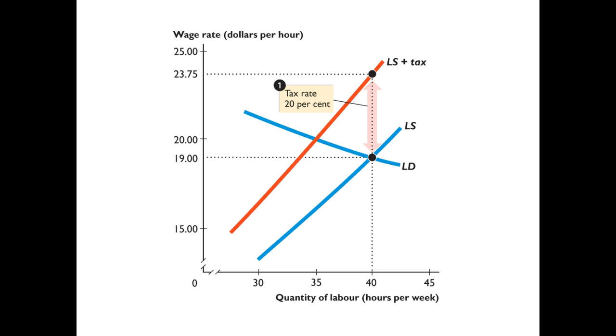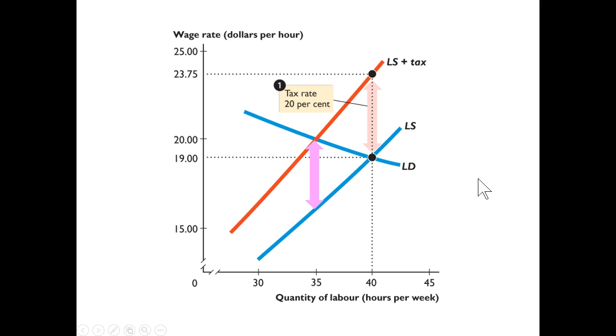And so we're going to take that tax that's been imposed, and that's it here, and we're going to wedge it back in here. Wedge it in between the two original demand and supply curves.